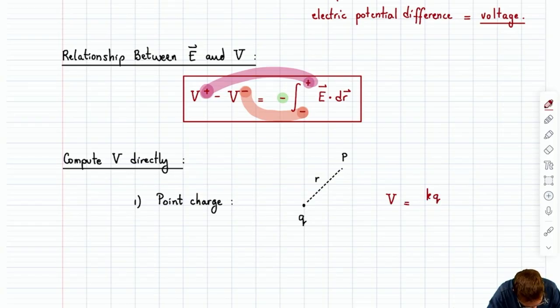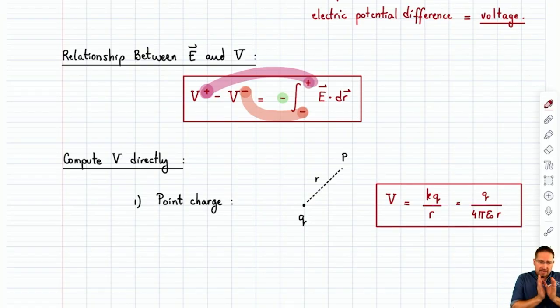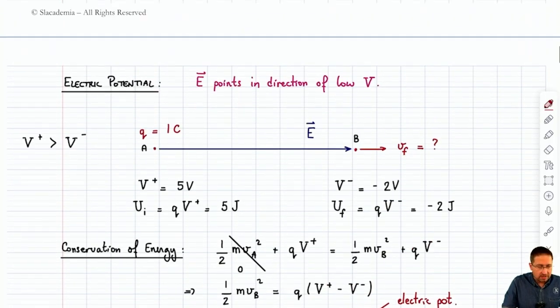That's KQ over R. Alternatively, if you prefer, it is Q over 4 pi epsilon naught R. I don't care. It's in volts, right? And it's positive or negative depending on whether Q is positive or negative. But that's V for a point charge. So if you had an electric field created by a point charge here, right? If this E were created by a point charge somewhere over here, well, you could say, you know what?